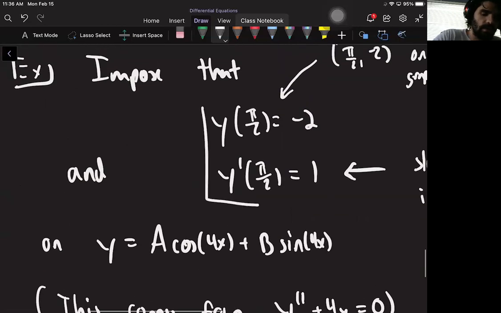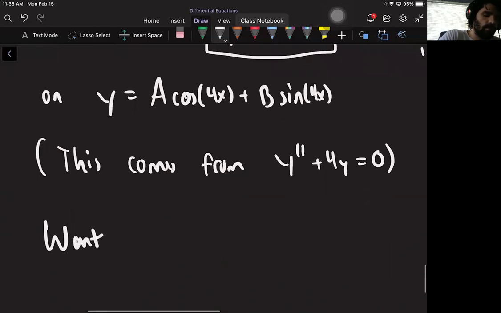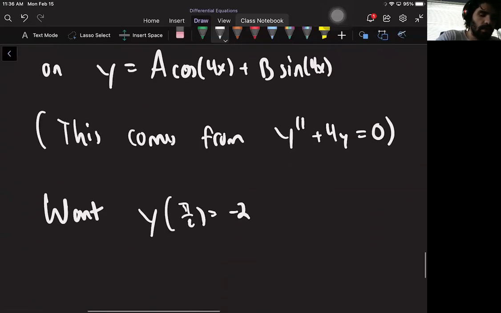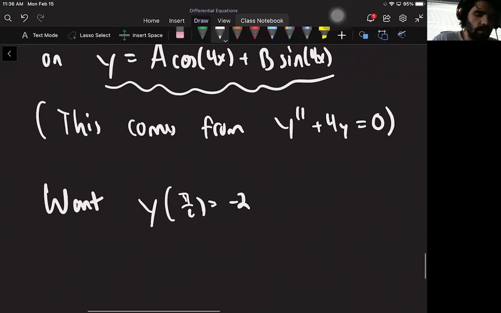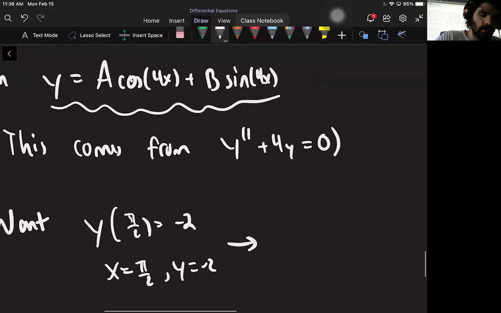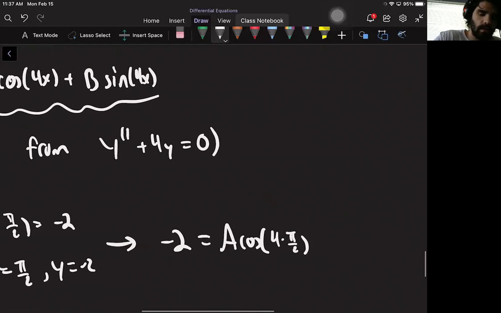Okay. So let's impose these conditions. So what do we want? We want y of pi over 2 to be -2. So that means I have to look at this solution and make sure that when x equals pi over 2, y equals -2. So I just have to impose it by making that happen, changing my y to -2, changing my x to pi over 2, and then let's see what happens.